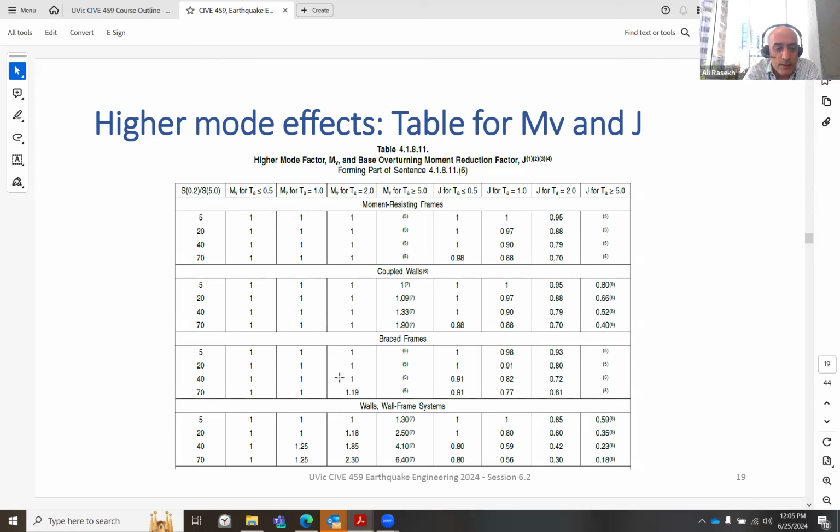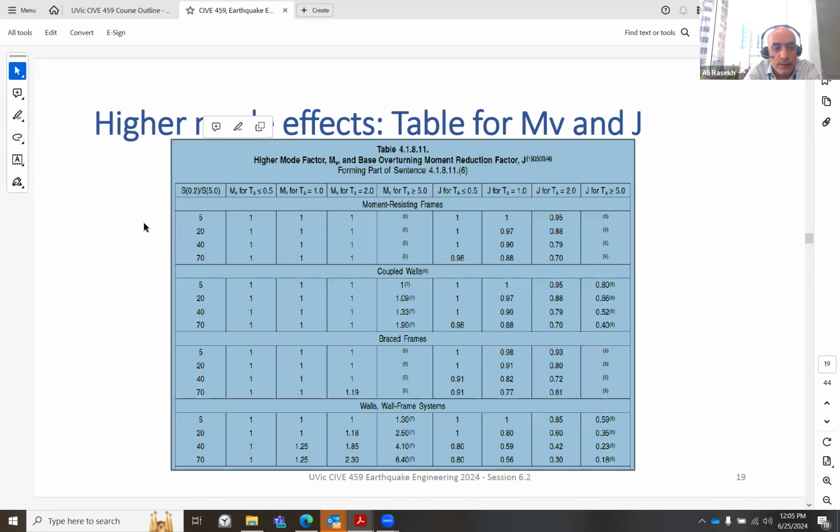So the base shear mostly remains the same. There are some factors greater than 1. And then at the same time, the code doesn't want you to overestimate overturning, so it recommends reduction factors for the same situation or condition.